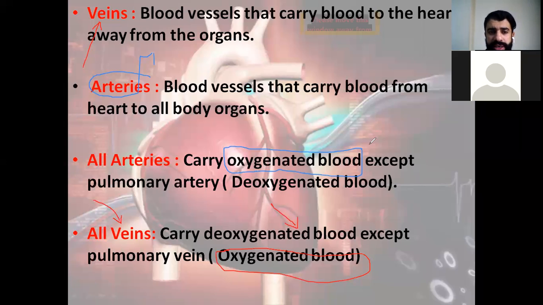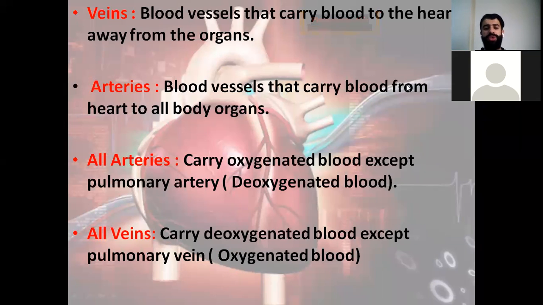All the arteries carry blood from the heart to all body organs. All of them carry oxygenated blood because they carry it to the organs and they need oxygen. But we have an exception: the pulmonary artery carries deoxygenated blood. So you have to study these notes and pay attention to them. They are important.